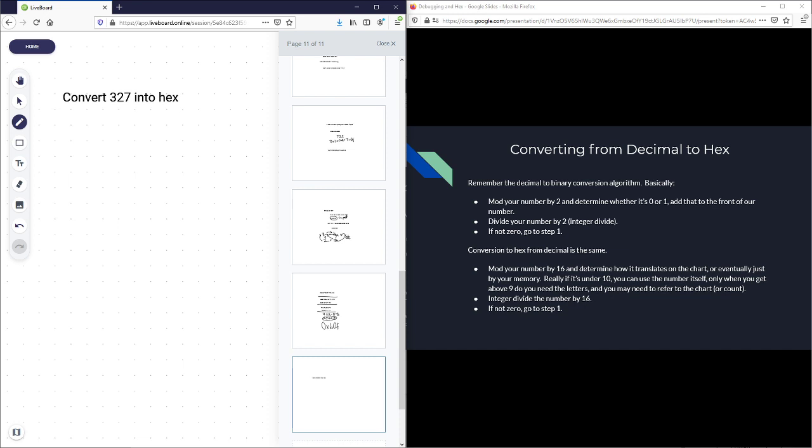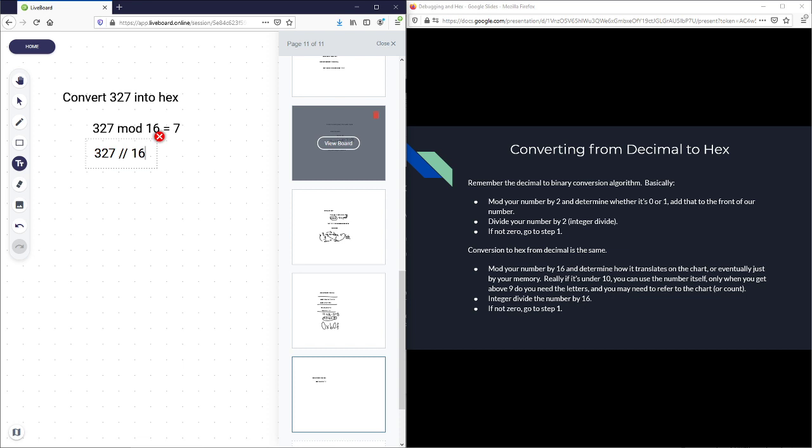So if we convert 327 into hex, the first thing we do is take 327 and mod it by 16, which is 7. And then we divide. So 327 divided by 16 is 20. So that's the end of the first step.